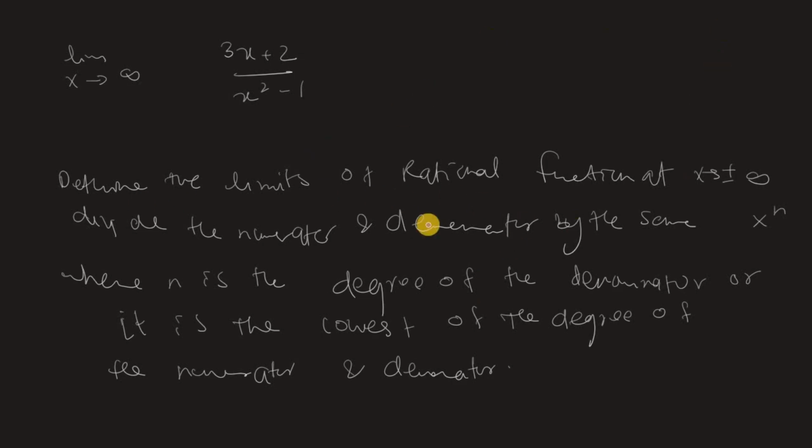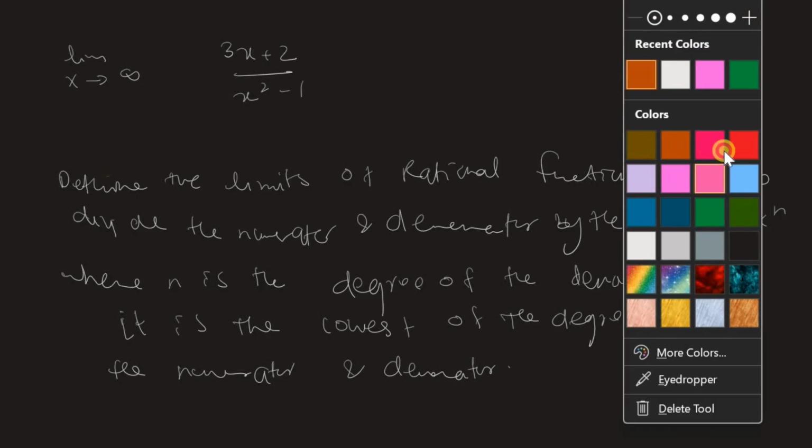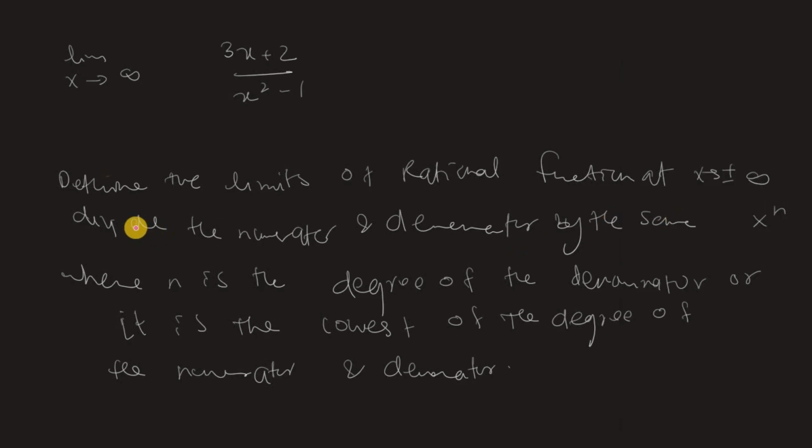If you want, you can go ahead and highlight this. I'm sorry, I'm writing it quickly, so my handwriting is really bad over here. I'm going to highlight it so you don't forget, and you can note it down somewhere: every time we have a rational function, we just need to divide the numerator and the denominator by the same x to the power of n.